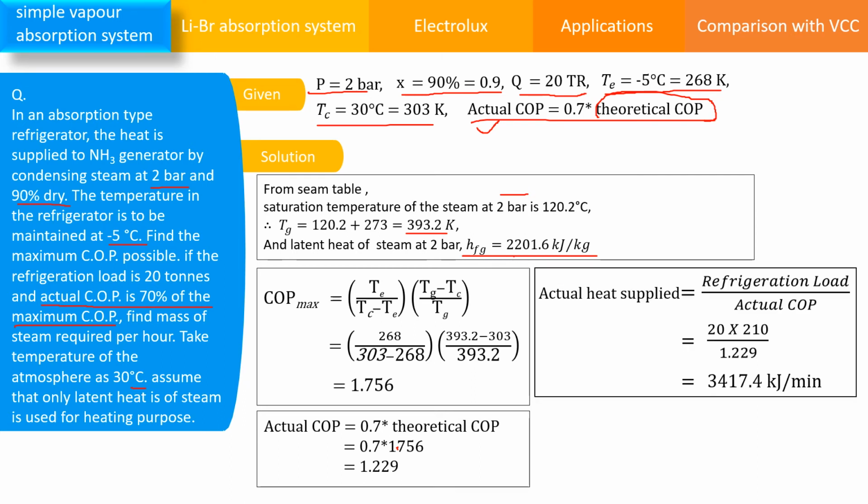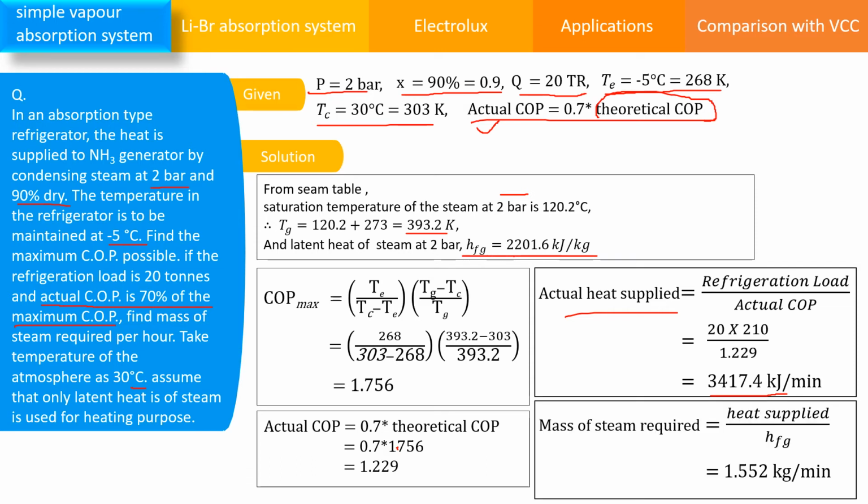Now from the actual COP, you can find the actual heat supplied. The refrigeration load is 20 TR. We can convert it into kJ per minute and divide it by the actual COP. So the refrigeration load upon the actual heat supplied will be the actual COP. This will give us the heat supplied. And this heat supplied will be equal to mass flow rate into latent heat per kg.